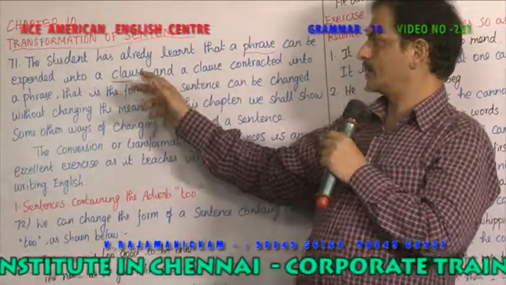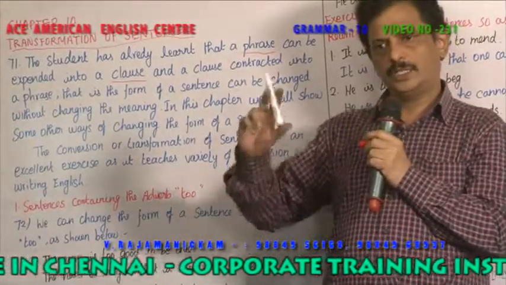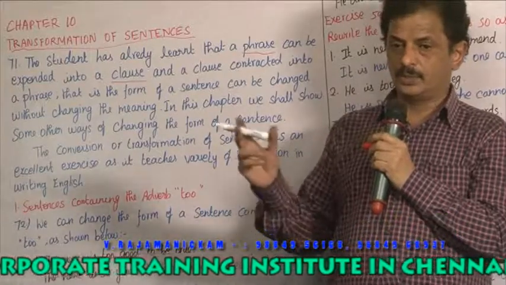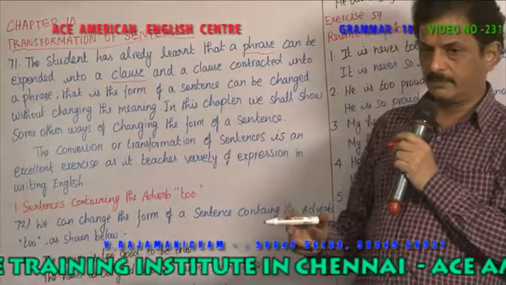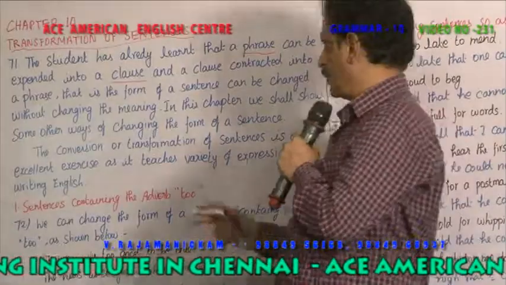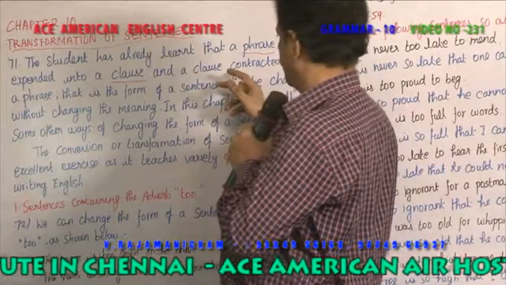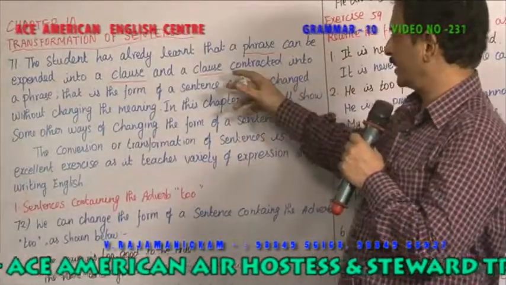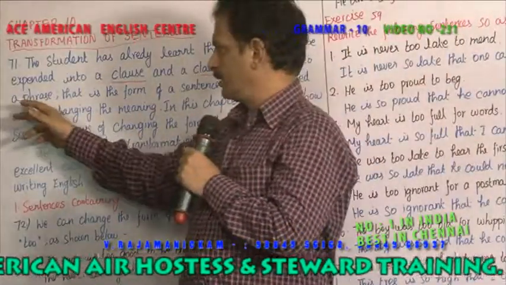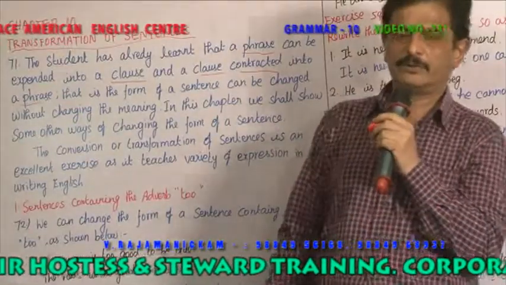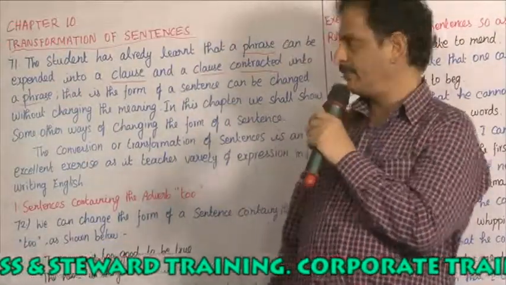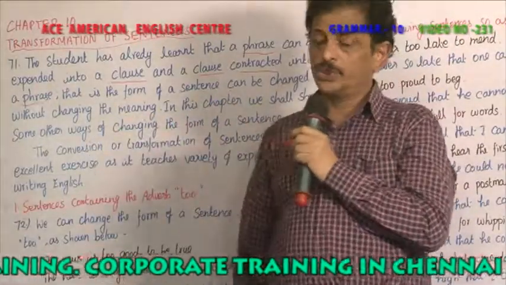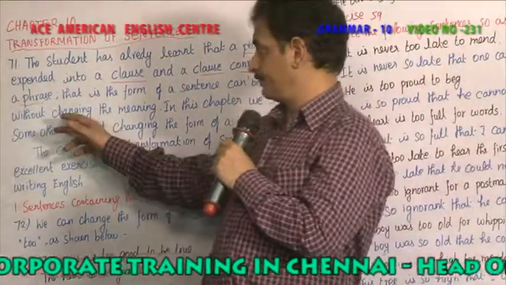But a clause has its own subject and its own predicate, it gives a meaning, but it needs one main sentence to complete the meaning. So a clause can be contracted into a phrase. We have seen already how to change from a phrase to a clause and back to a phrase. That is, the form of a sentence can be changed without changing the meaning of the sentence.